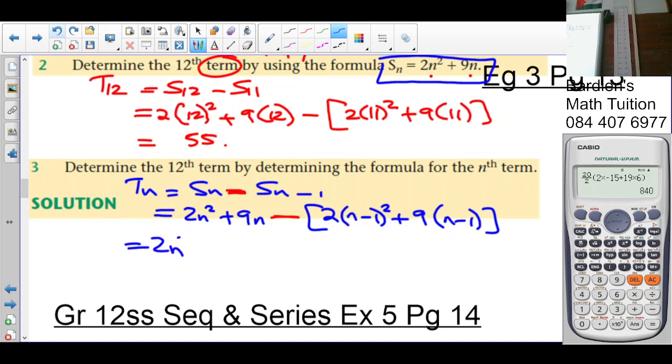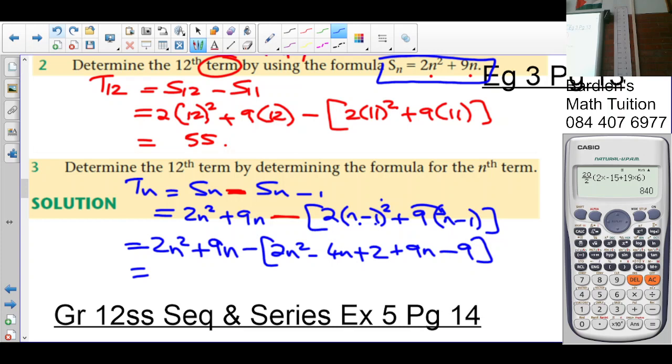Simplify. The 2n squared plus 9n minus, and I'm going to do a binomial squared. So that will be n squared times 2 is 2n squared. Negative 2n times 2 is negative 4n. Negative 1 squared is positive 1 times 2 is 2. Then 9n minus 9.